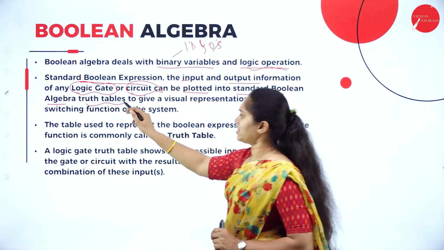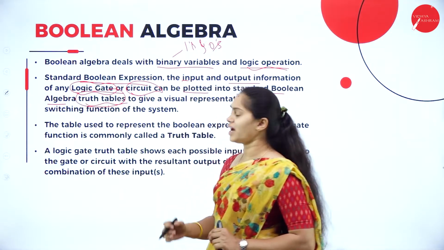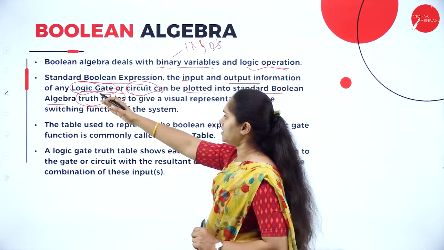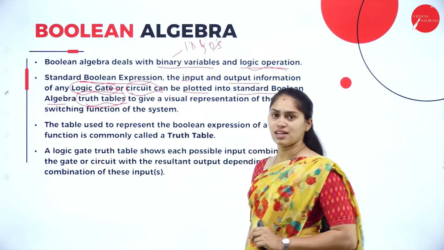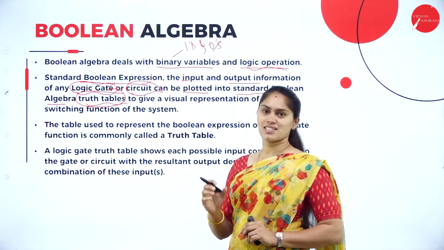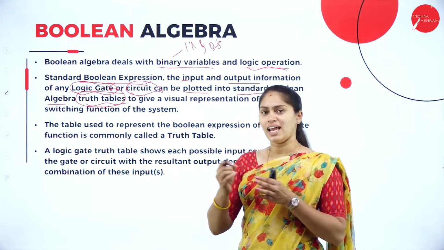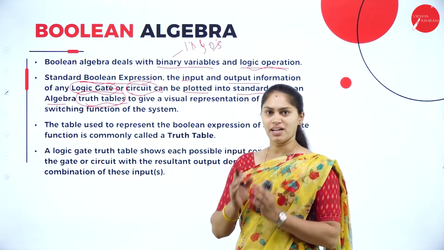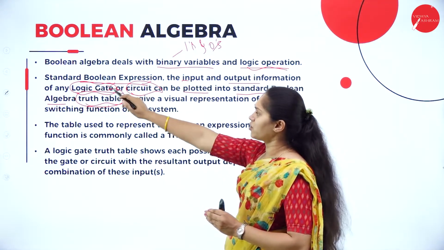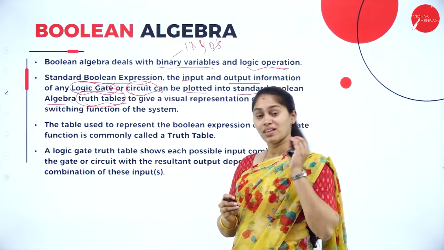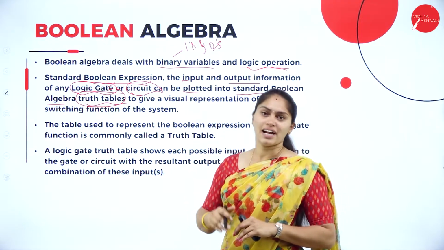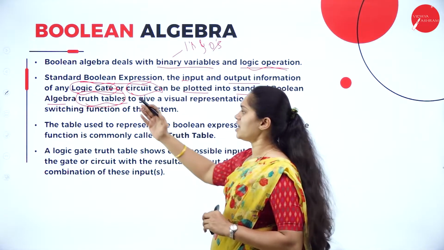With the help of this truth table, we are representing the standard of this logic gate and circuit. Computers understand zeros and ones, which we represent in terms of digital electronic pulses. So logic gates and circuits can be represented in the standard format with the help of this truth table.